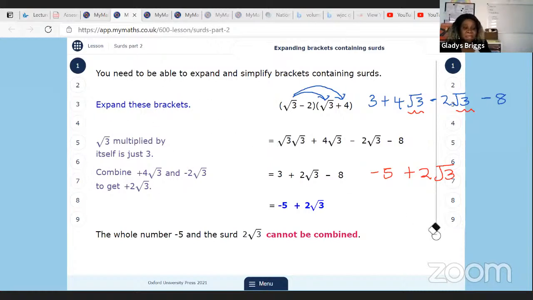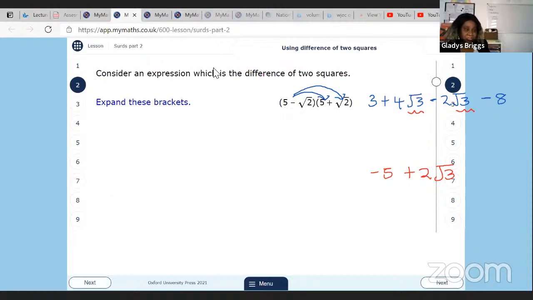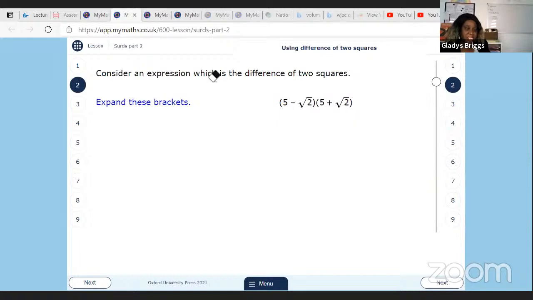Okay, so that's how you expand it. Let's have a look at the other slide. So have a go at this one and let's see whether you can do it.